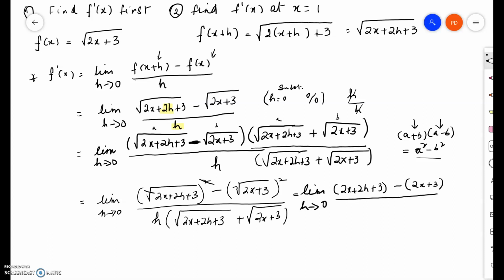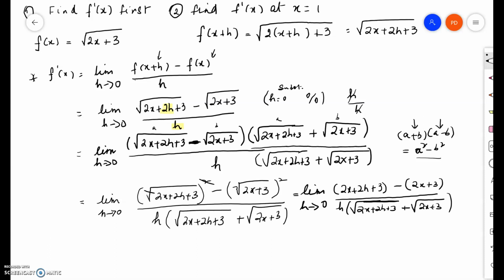The whole divided by, we repeat the same thing, radical 2x plus 2h plus 3, plus, the radical sign goes right over 2x plus 3.